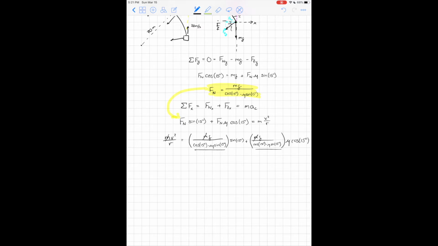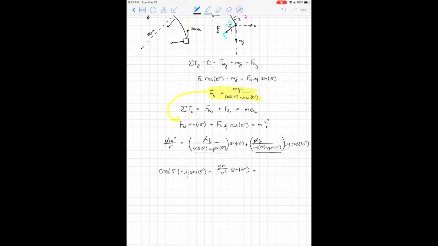So if I throw that on the other side, I can factor that out. I get cosine of 15 degrees minus mu sine 15 degrees equals g r over v squared times sine of 15 degrees plus, again, g r over v squared times mu cosine 15 degrees.